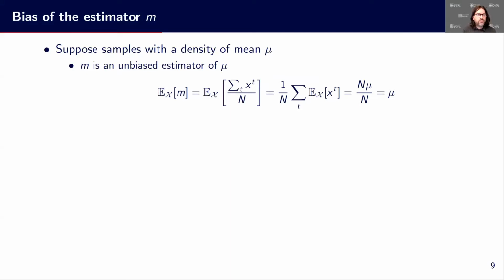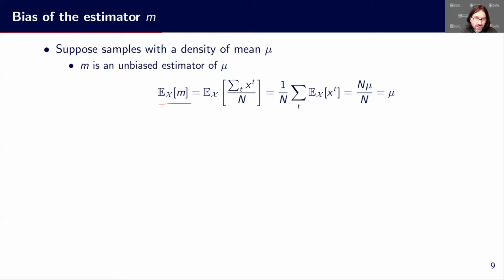So if we assume that the samples have a density of mean mu, we can say that M is an unbiased estimator of mu, simply by giving that we have the expectation over all data sets of M. We know that we find M as the summation of xt divided by n, something that we got just before.